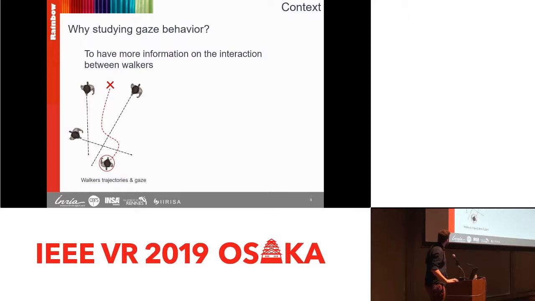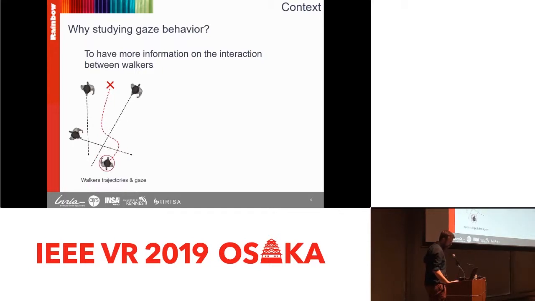Now, if we add the gaze, you can see that first you look at the first walker, then you look at the other two walkers and go between them. So using gaze behavior, we can understand why he did this maneuver, and which walker he chose to avoid.